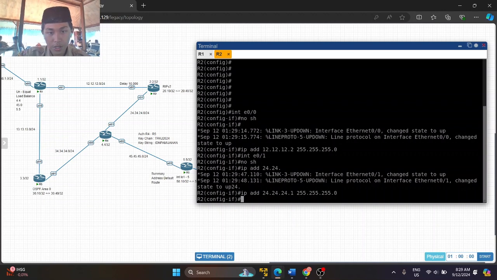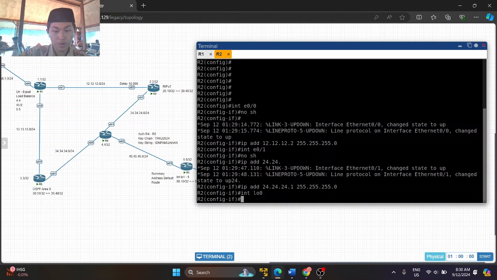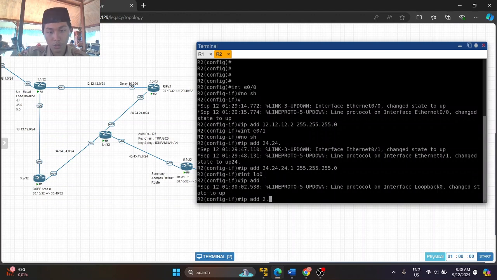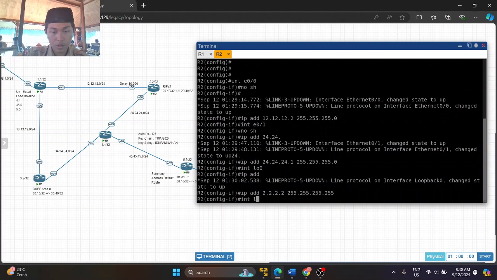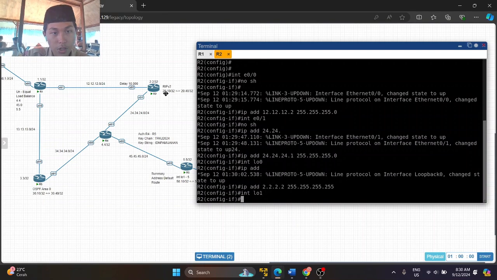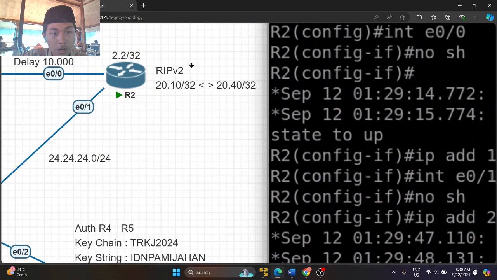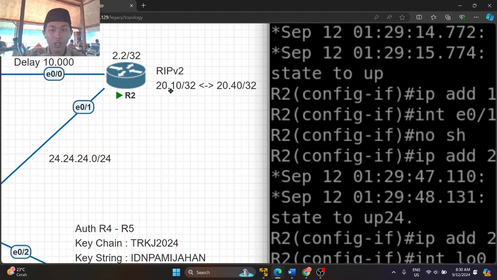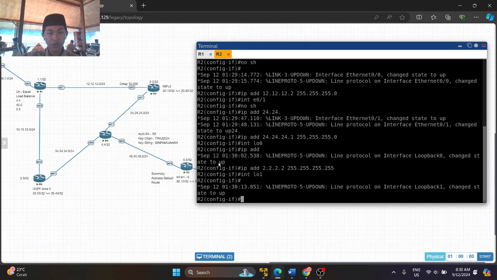Okay, and then let's move to interface loopback 0, IP address 2.2.2.2. Then interface loopback 1. Here, as you can see, we have IP addresses that we advertise by using RIP. The IP addresses are 20.10 until 20.40. This we will configure in interface loopback 1 till interface loopback 4.